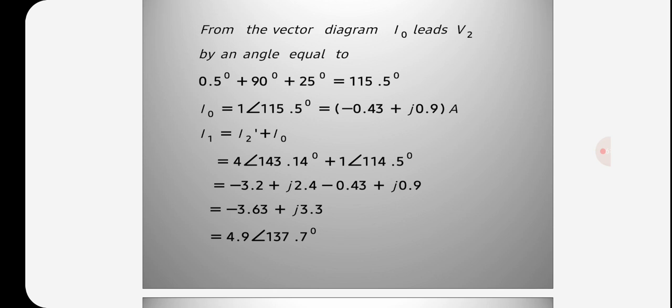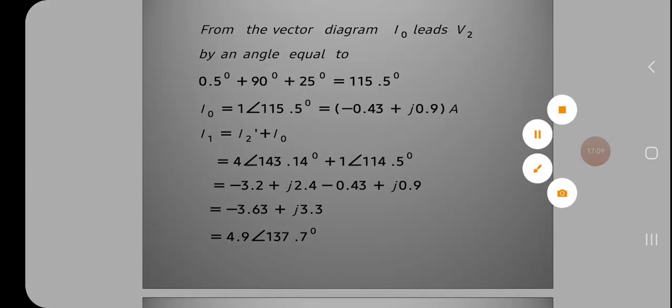So here 4 angle of 143.14 degrees plus 1 angle of 114.5, we can convert into rectangular form: minus 3.2 plus j of 2.4 minus 0.43 plus j of 0.9.